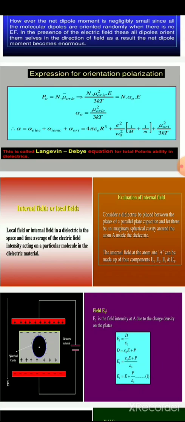For electronic, atoms are considered. For ionic, ions are considered. For orientation, molecules are considered. For space, there is no charge. So the resultant equation is as shown.